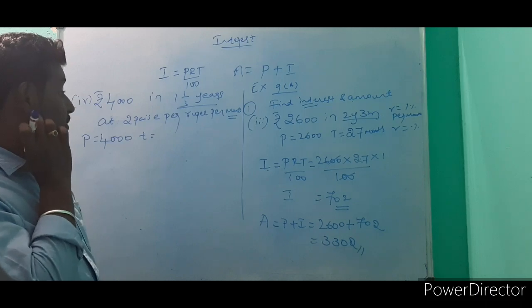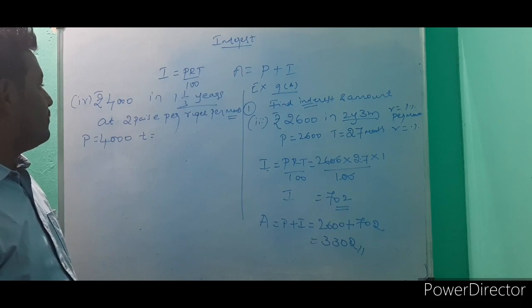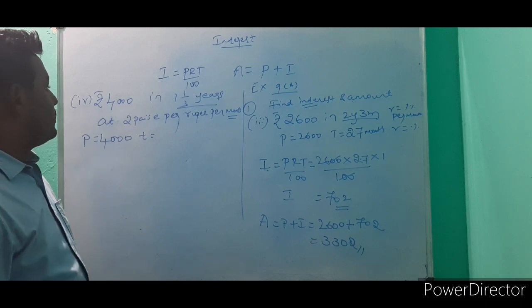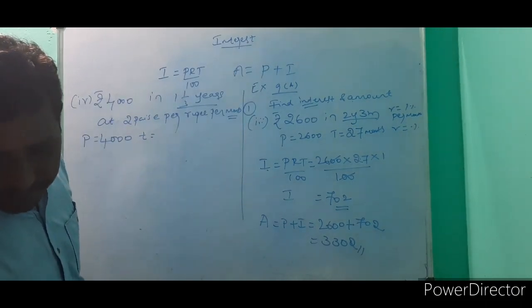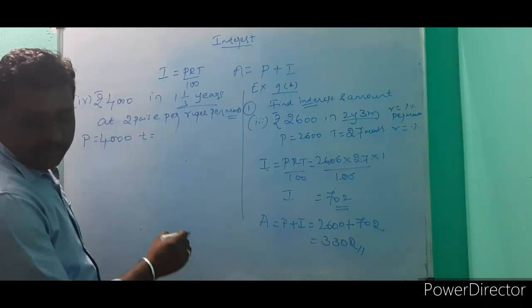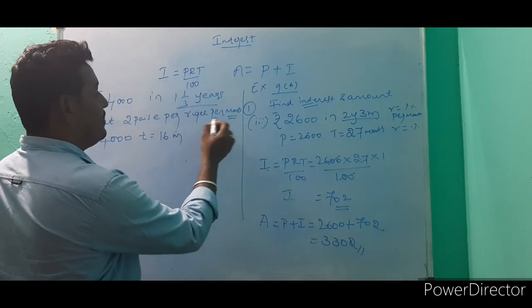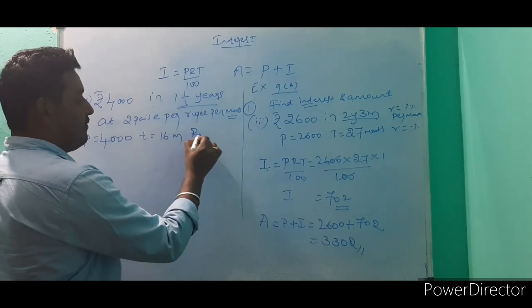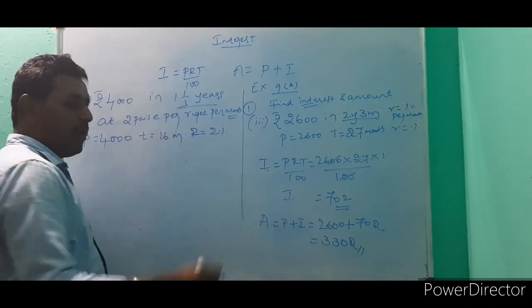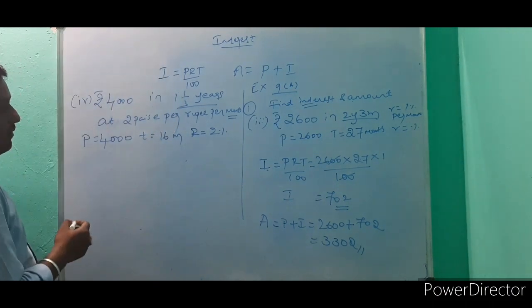Sorry, 1 by 3 means 4 months, so you will get 16 months. Next, 2 paise per rupee means rate of interest is 2%. 1 rupee, 2 paise, that is 2% only.